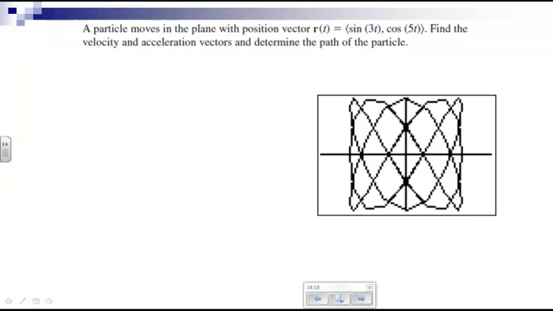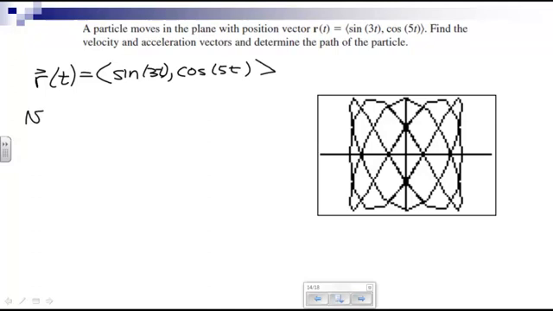Well, if the position vector is sine of 3t, cosine of 5t, what is the velocity vector? What's our plan of attack again? Let's take the derivative of each component. The derivative of sine is cosine.